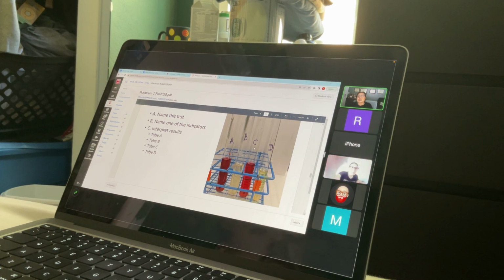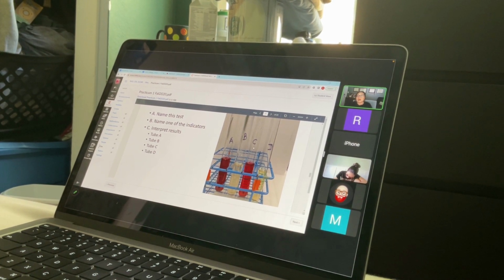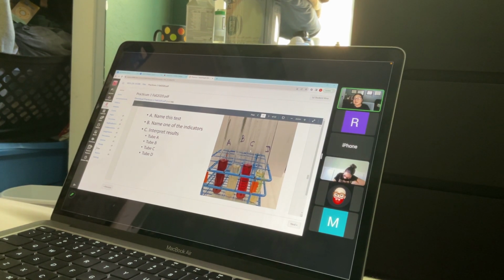You're going to see it on Monday, but the name is dimethyl alpha naphthylamine. That's one reagent. The other one is sulfanilic acid.